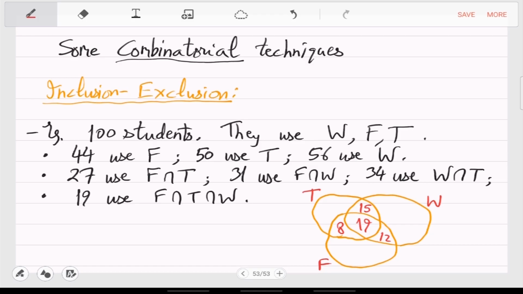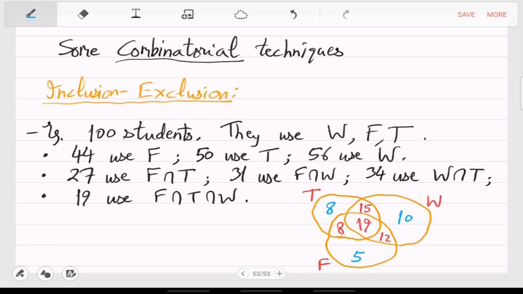Okay. And from this, can you now calculate students who use only Twitter? Right? So that will be 8, 10, and 5. So you get 8 by adding up 34 plus 8, that is 42, and Twitter was 50, so you are left with 8, right?